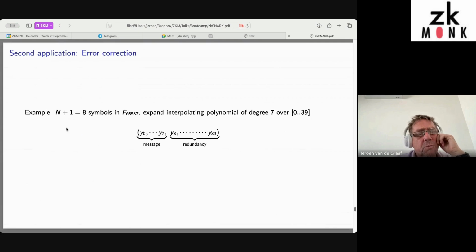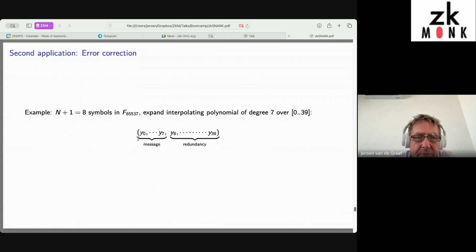So now suppose that my field here is what you see here. Let's say these are 16 bits, so I have 8 symbols of 16 bits. Now what I'm going to do is the following.